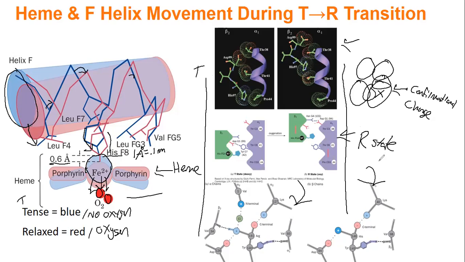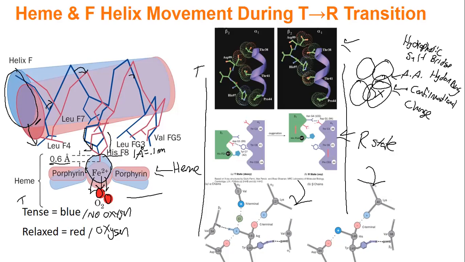So the way these different subunits talk to each other, the way the other hemes know that one subunit has bound oxygen, is that they are interacting via amino acids. They have salt bridges. They have hydrogen bonds. They have hydrophobic interactions.